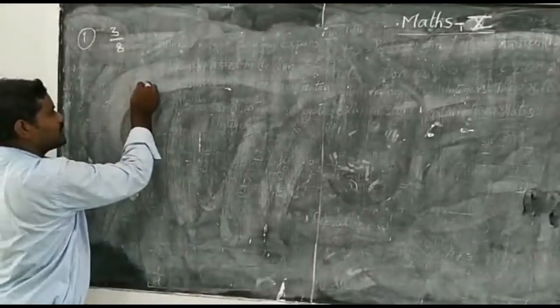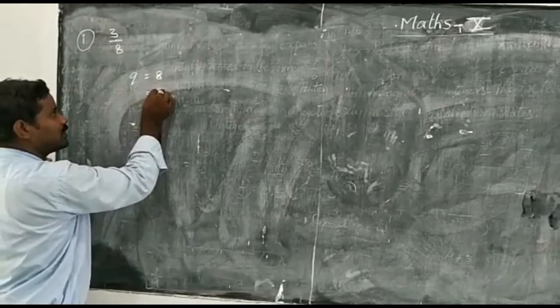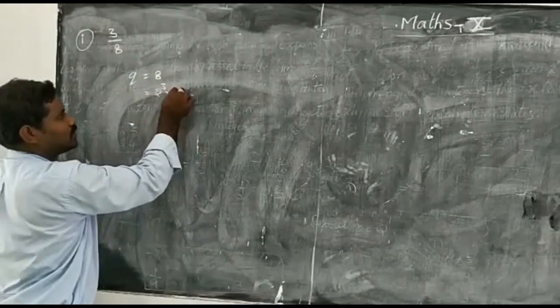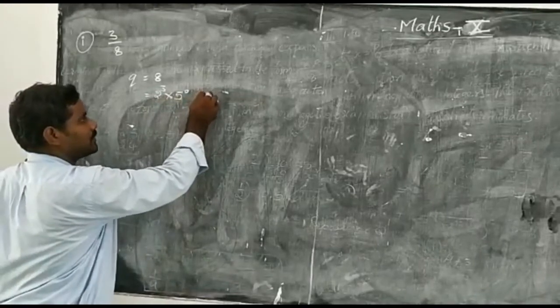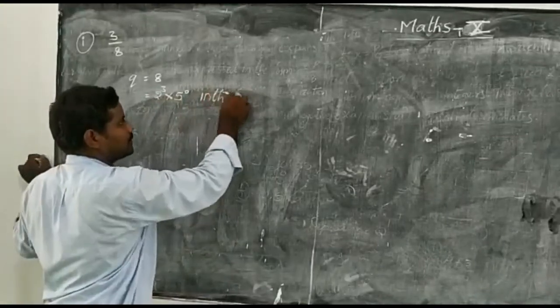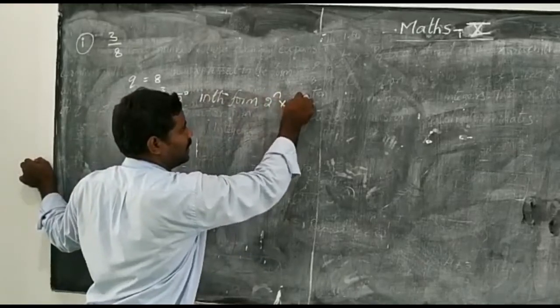Now I am observing just q. It is 8. 8 can be written as 2 cube, that means 2 cube into 5 power 0. It is in the form of 2 power n into 5 power m.